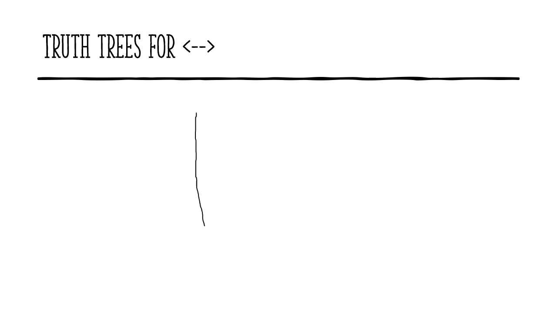So, let's just say we have tilde (P or Q), double arrow, tilde T. So left side is true, right side is false. So, what makes a double arrow true?